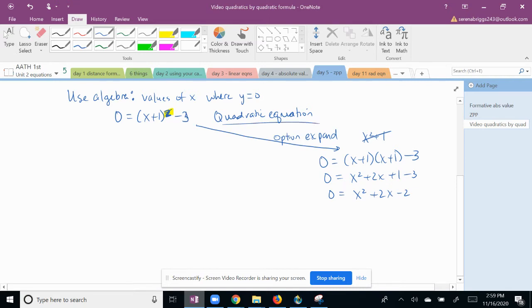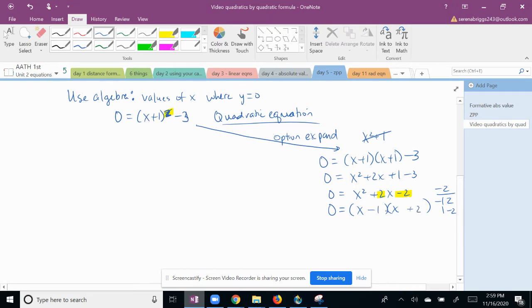That also looks like a quadratic equation, maybe more than the original one looked like. And you might try to solve it by factoring like we did today. However, there are no two rational numbers that multiply to give you negative 2 and add to give you 2. The only numbers that multiply to give you negative 2 are negative 1 and 2, and positive 1 and negative 2, as far as rational numbers go.